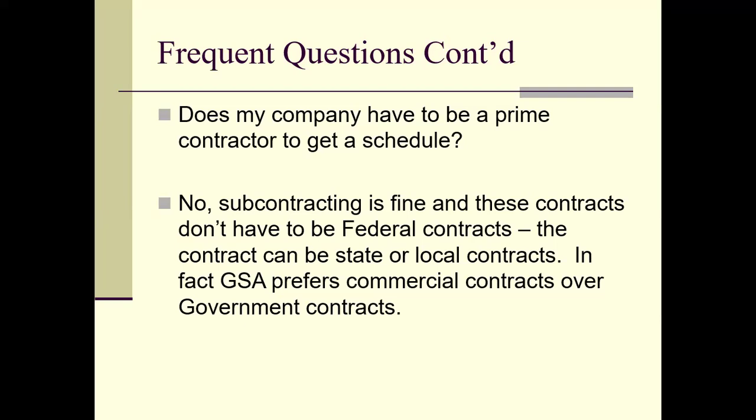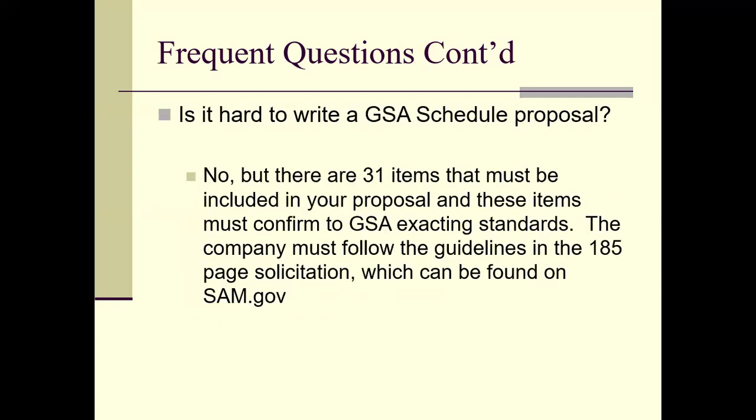If they're not, then you're not going to be able to get a contract for IT. So again, it's what you've done, what the focus of your company is, and how you are presenting that to GSA. And you don't have to present everything that you've done. You present what you want to get the schedule associated with. And we'll go to the next one.